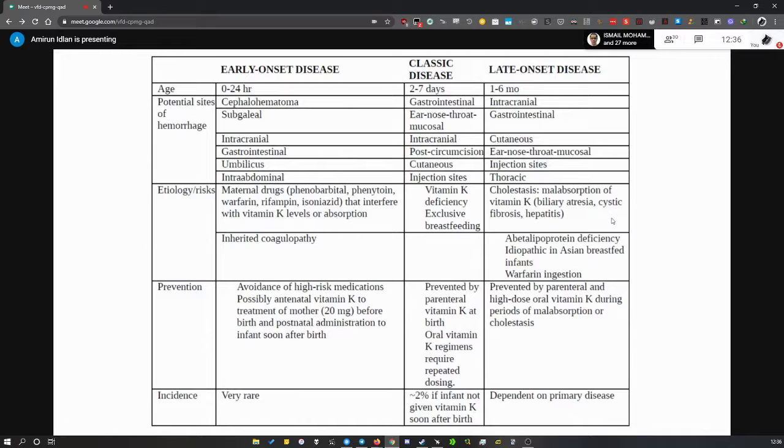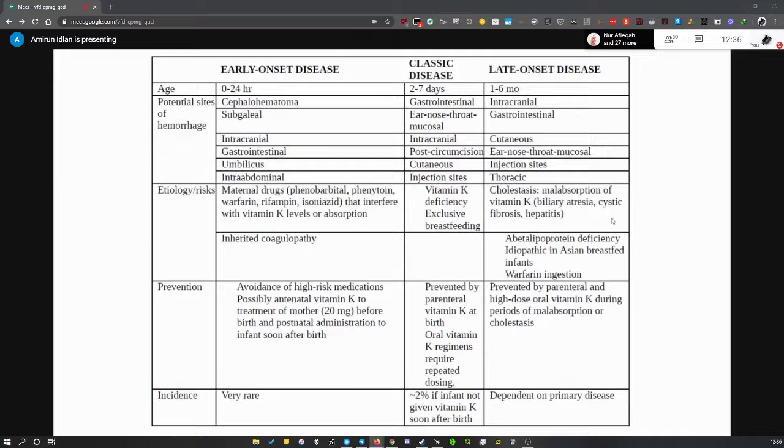Doctor, you said that breast milk contains less vitamin K. So for premature infants, how should we introduce infant formula to avoid the risk of VKDB? No, we never recommend formula.